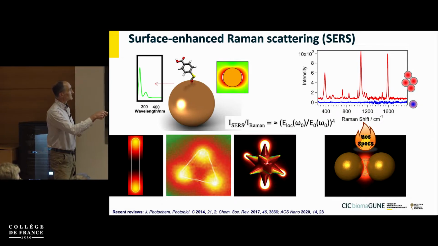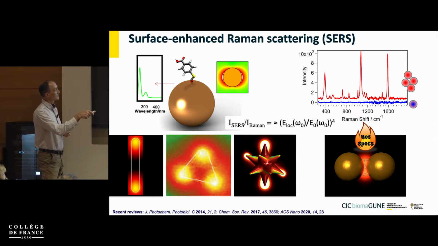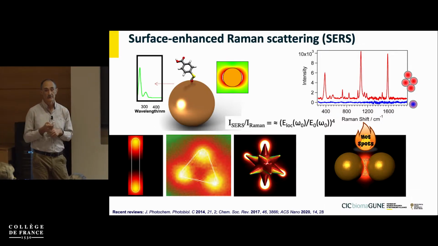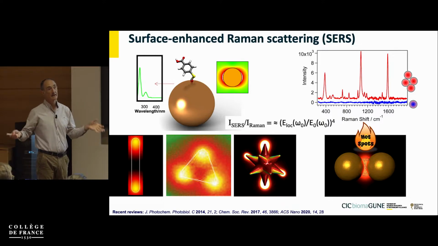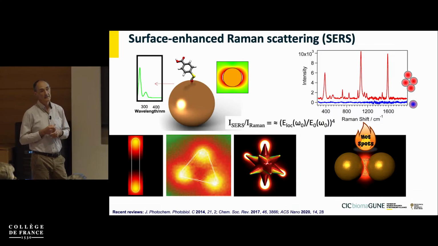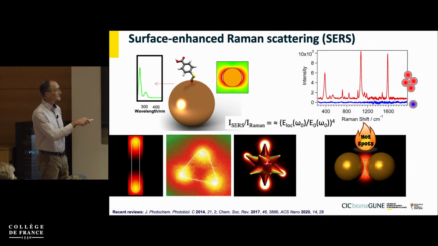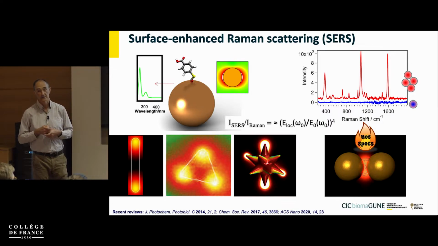And if you remember, this is an example of analytes adsorbed onto nanoparticles that are isolated from each other. And the red one is what happens when you simply aggregate the same particles, and then the analyte is located at the gaps between the particles.